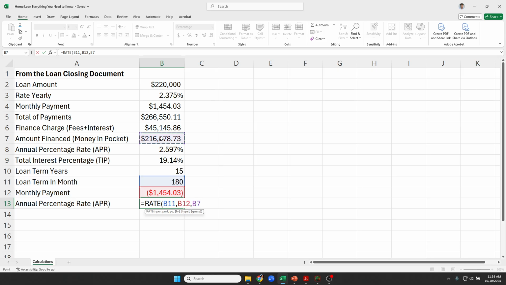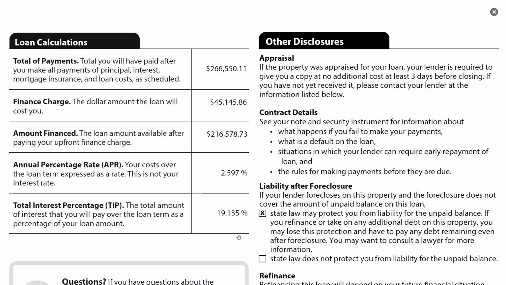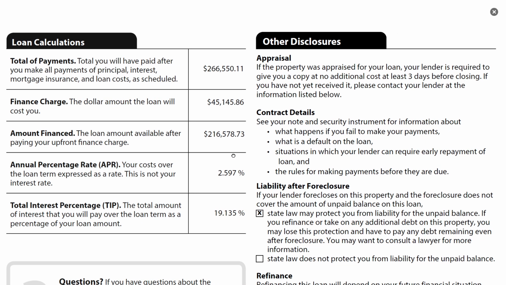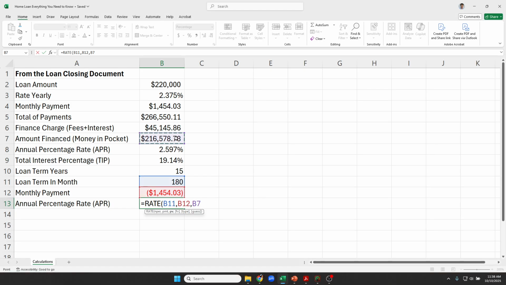What you got in your pocket is $216,578, not 220. It is shown on the last page of the document. So this is what you got in your pocket. However, you got a little less in your pocket, and you are making basically a higher APR.